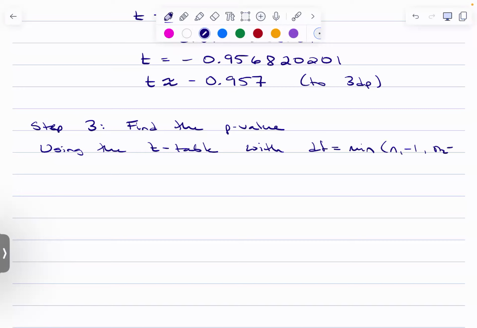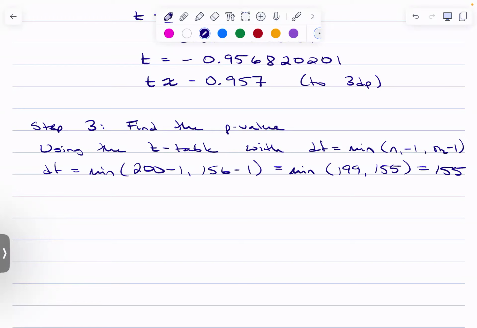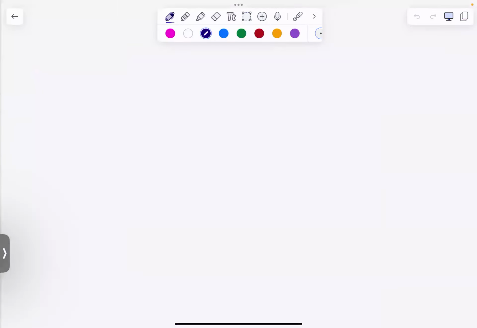So then the degrees of freedom is the minimum of 200 minus 1 or 156 minus 1, which is the minimum of 199 or 155, which is 155. But I already know I'm not going to find a 155 line on my table. But let's see what we've got.